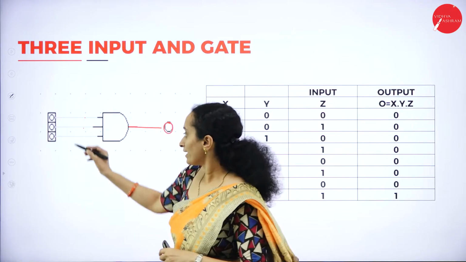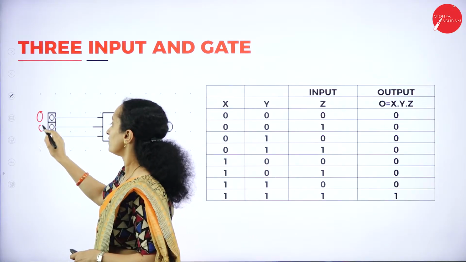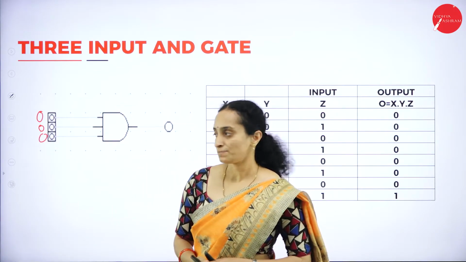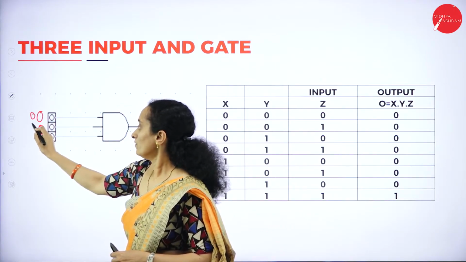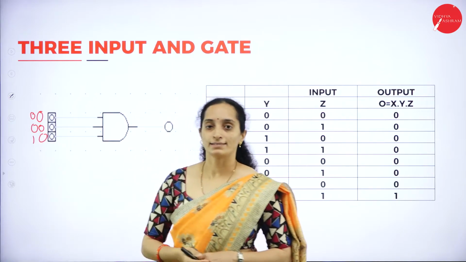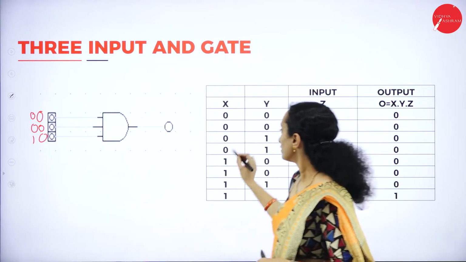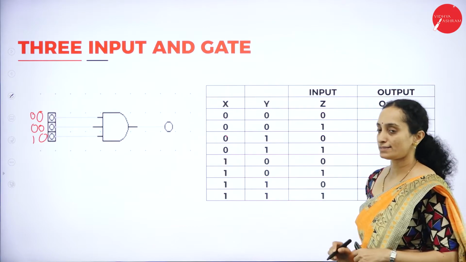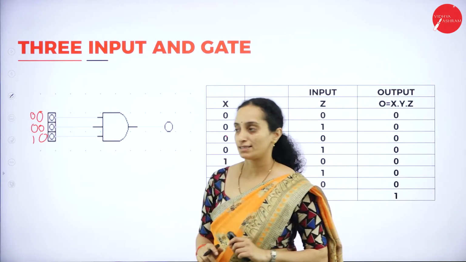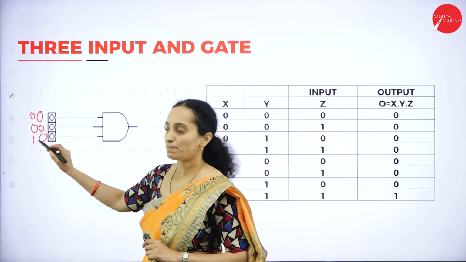For example, you can take all zeros as the input, or 0, 0, 1 as the input, or 0, 1, 0 as the input. What is the result?